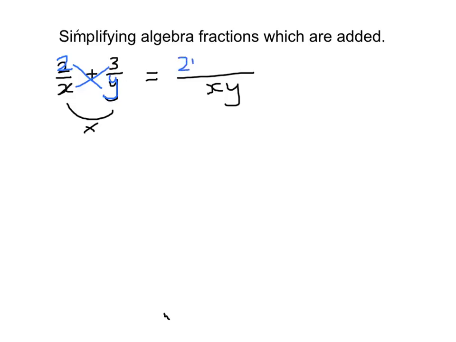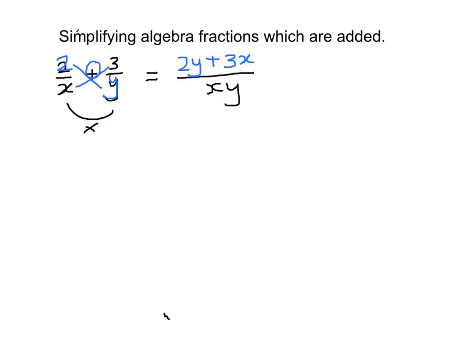So I have 2y on the top, I have a plus sign in the middle, and then I have x times 3, or 3x up there. And that can stay just like that. That's my simplified algebra fraction, all under one denominator, xy.